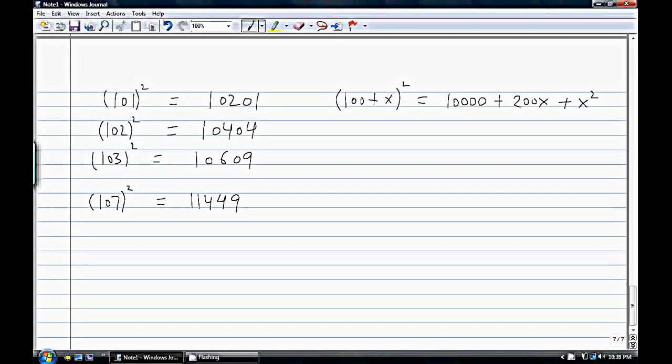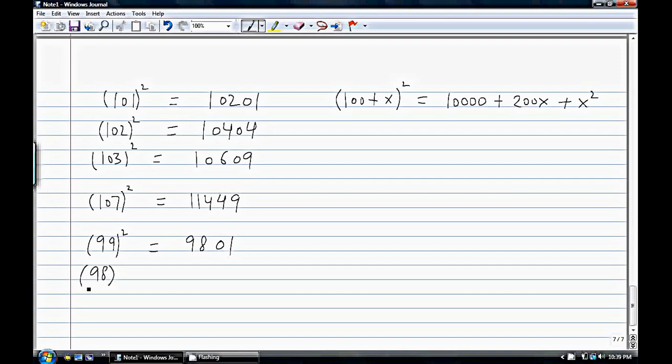If I use the same formula to square the numbers which are below 100, then instead of writing x, I have to use minus x. So suppose I am squaring 99, then 1 times 2 is 2, so I will subtract 2 from 100, that will be 98, and then take the square of 1, that is 9801.